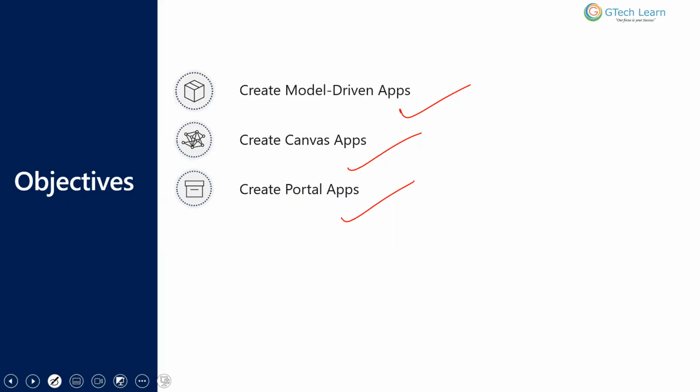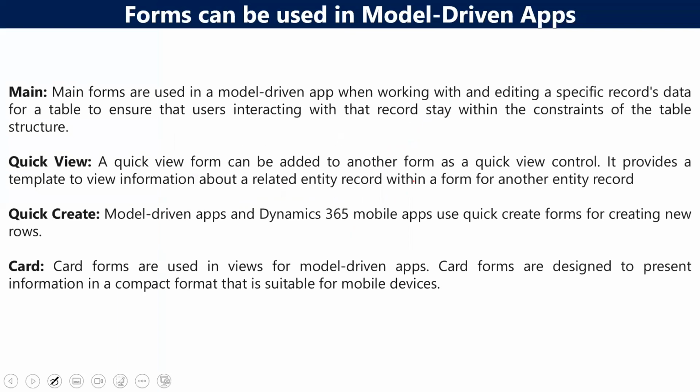So let's have a look at what we need to learn about these different kinds of apps for passing the exam. The first aspect you need to understand related to the model-driven app is the form. In the Dataverse, in your Power Platform, there are four different types of forms that can be created.